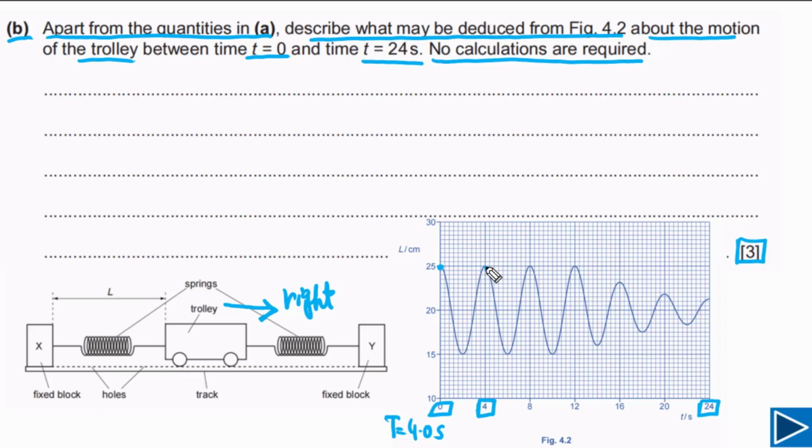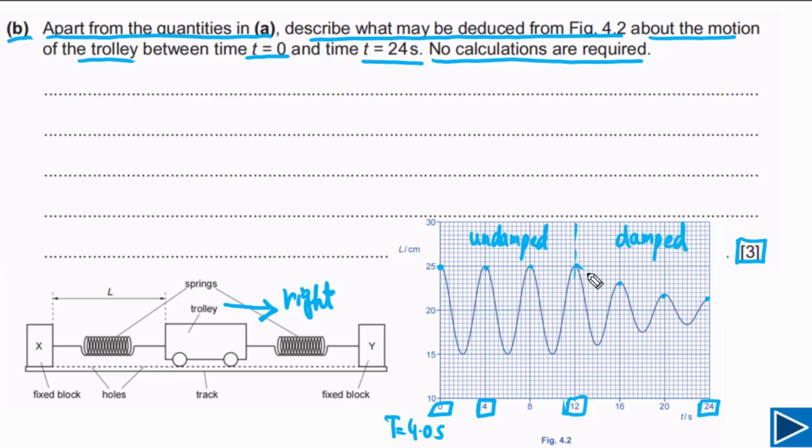Now, if you look at the amplitude of oscillations, we can simply see that until t is equal to 12 seconds, the amplitude of oscillations is constant. So this motion is undamped. So we can say initially the motion is undamped until here, but after that the amplitude is decreasing. So this is damped motion, or you can say the oscillations are damped.